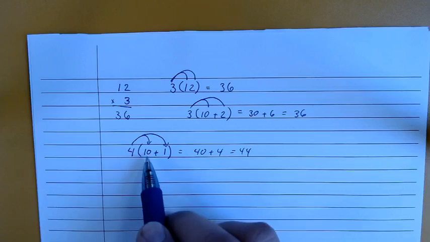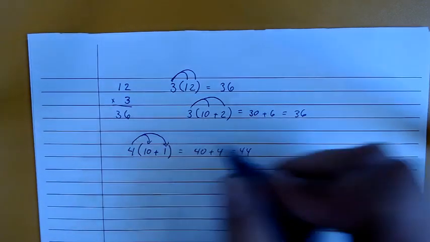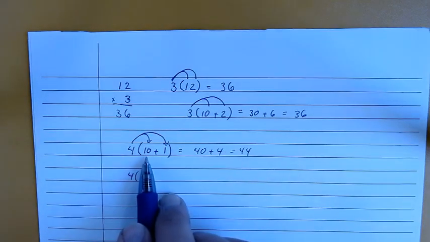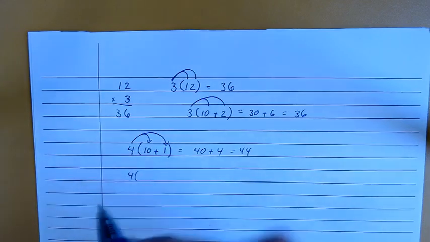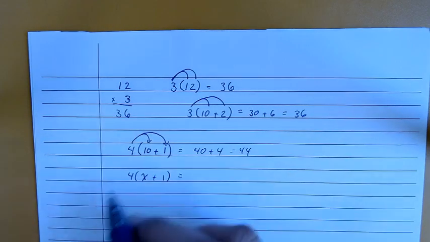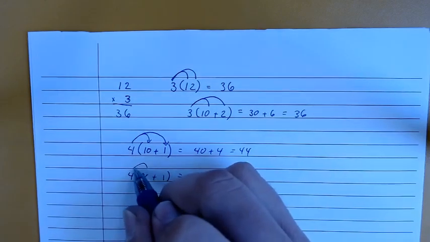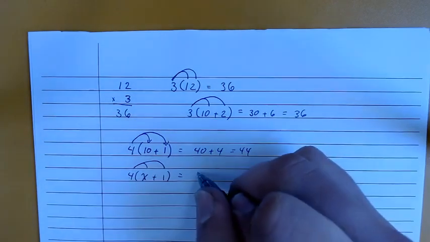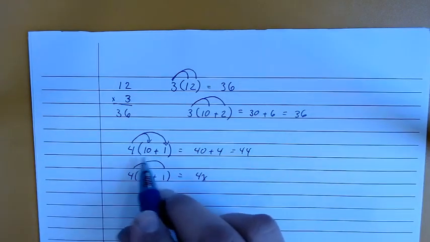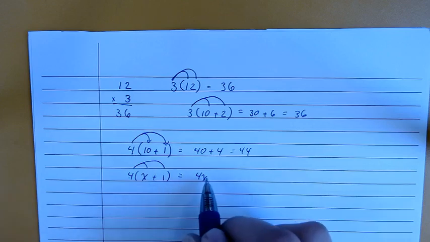So what happens if I replace one of these with a number that I don't know? Say, for example, I replace it with a variable. Well, as long as it's a number, I can continue to do this. Let's say I had something like 4 times, and instead of saying 10 plus 1, let's say I replace this 10 with an x. X plus 1. Okay, well then I still follow the same pattern. I have 4 times x, which incidentally I can't really simplify. I can't say, 4 times 10 is 40. 4 times x is just 4 times x.